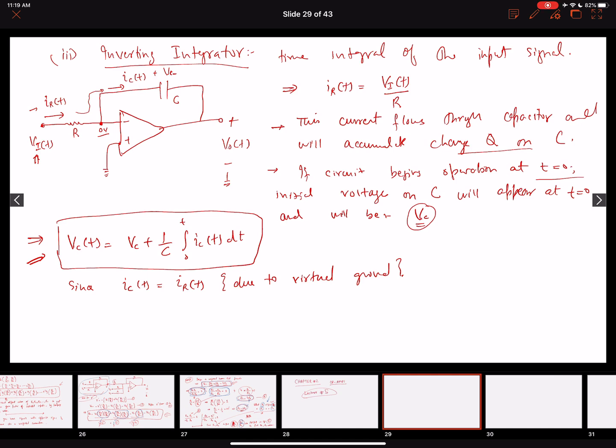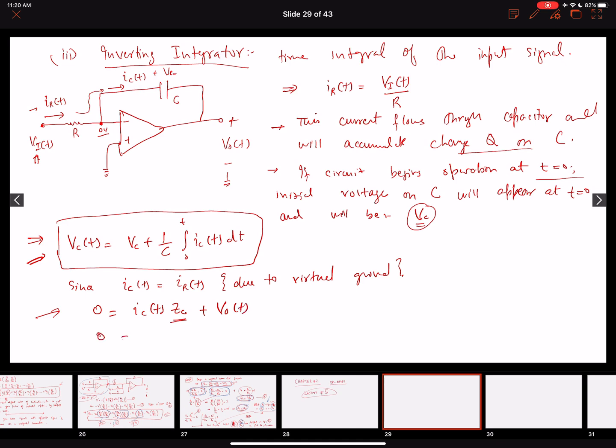Now let's apply Kirchhoff's law at the output on the feedback loop. So it will be 0 equals IC of t into ZC, which is the impedance of the capacitor, plus V naught of t.